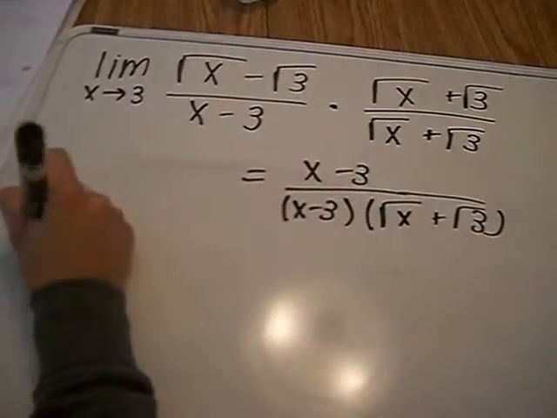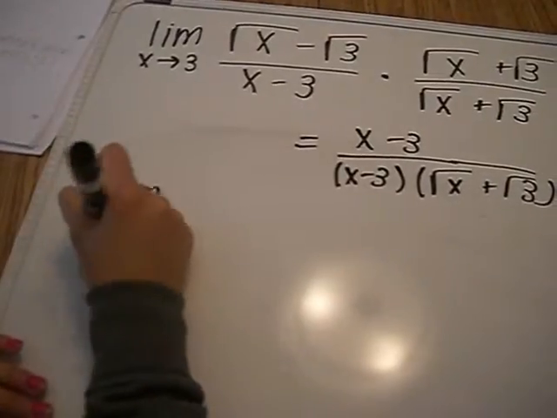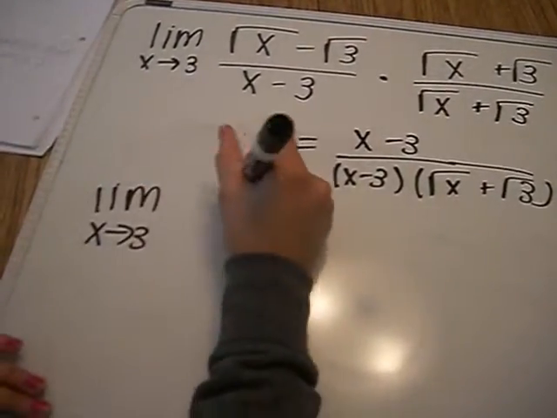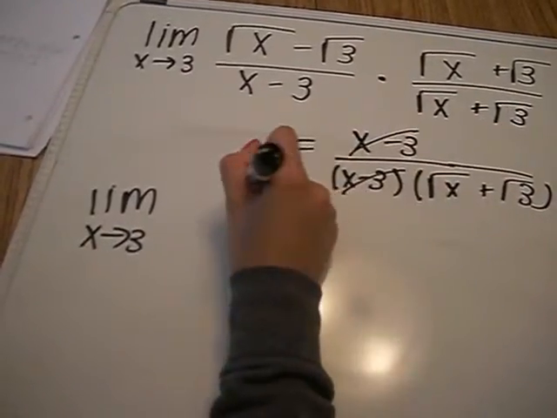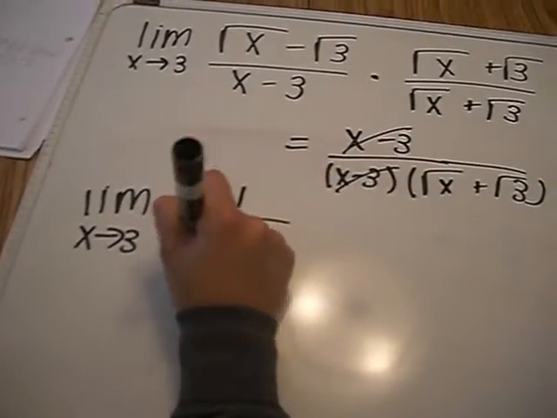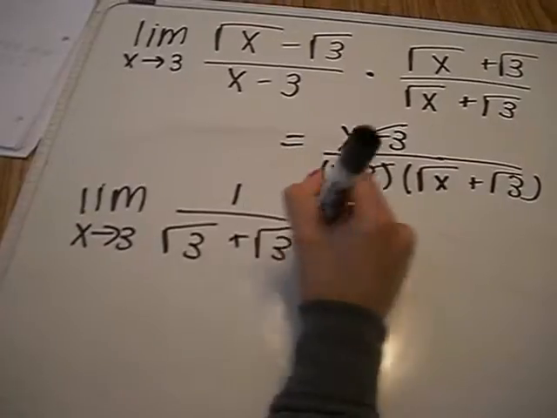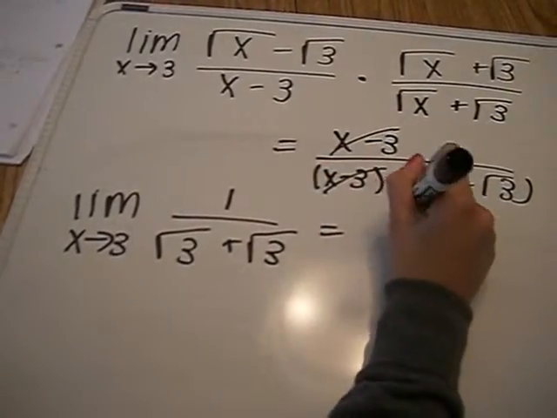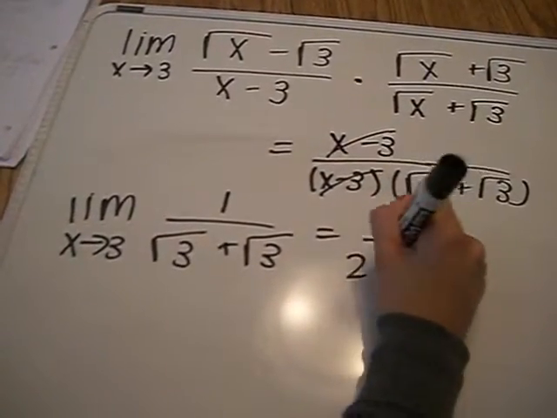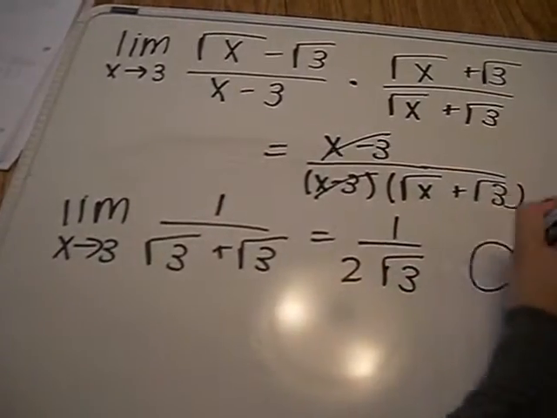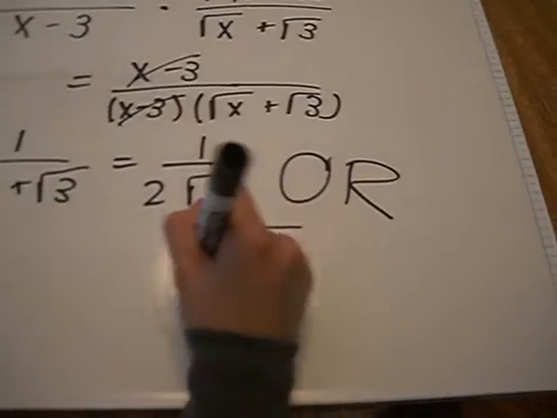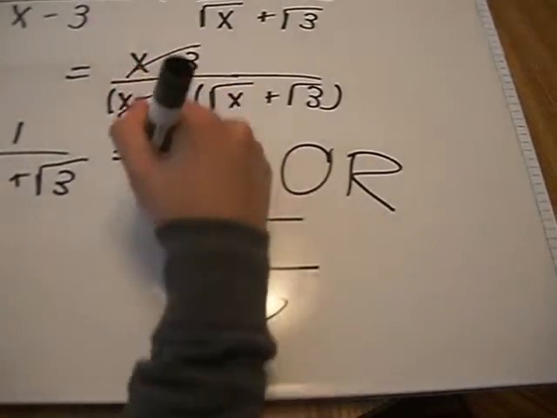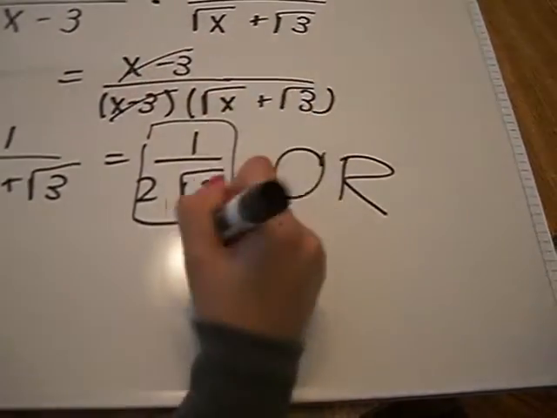And this will give us the limit as x approaches 3 of, since these cancel out in case you were wondering, 1 over the square root of 3 plus the square root of 3, which gives us an answer of 1 over 2 square root 3, or, can't forget the or, square root of 3 over 6. So whichever one is for your liking, you may take.